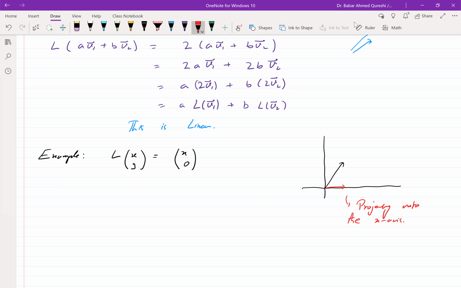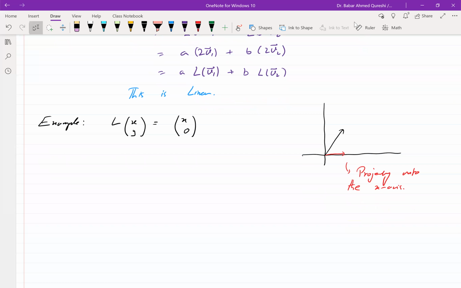We haven't checked if it's linear or not, but it's a projection operator. Takes the vectors in your vector space and projects them onto the x-axis. Just retains the x component and throws away the y component.